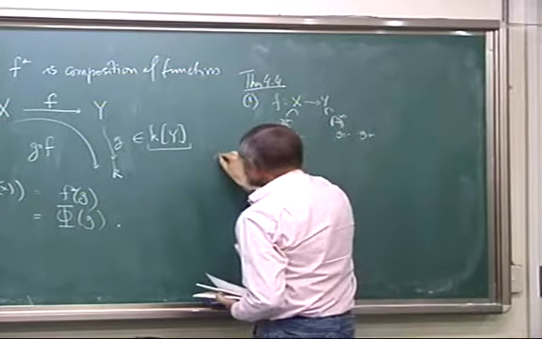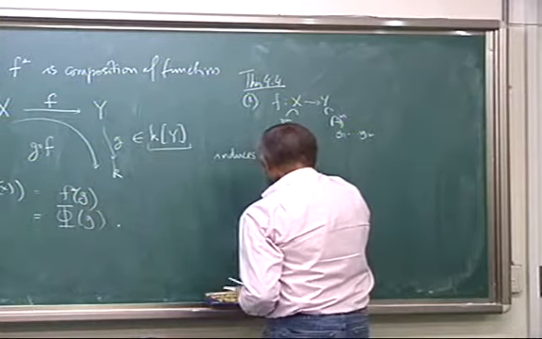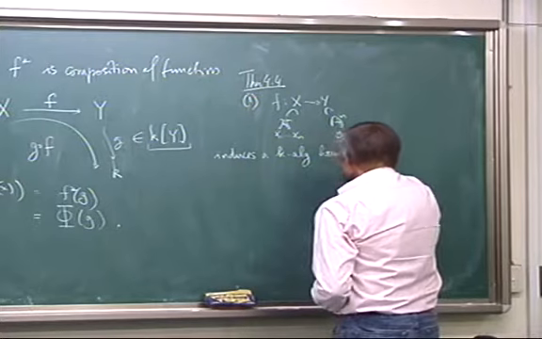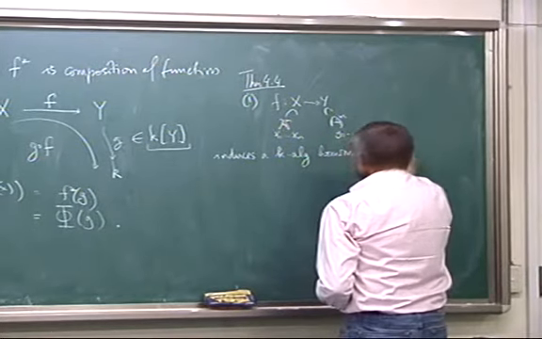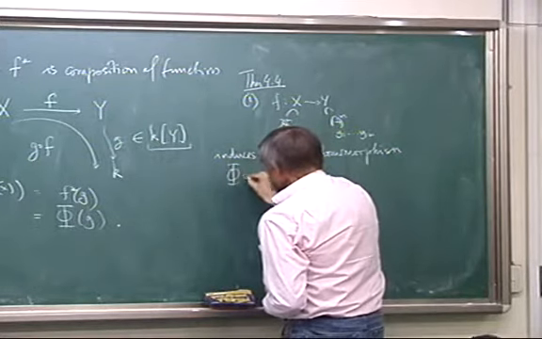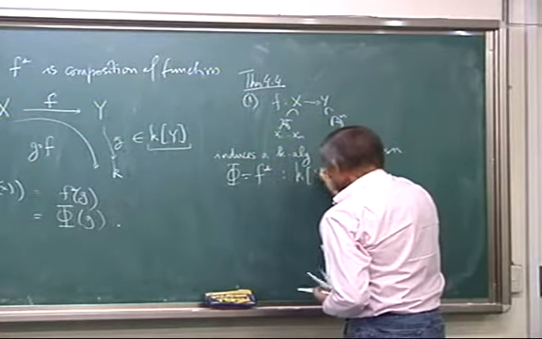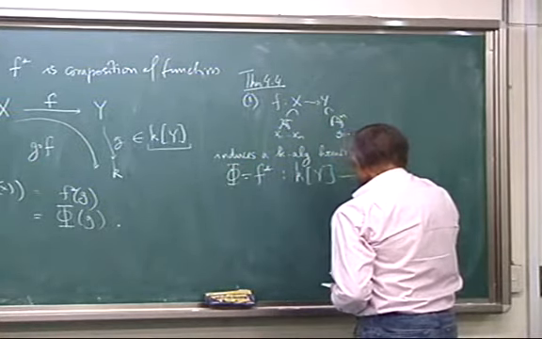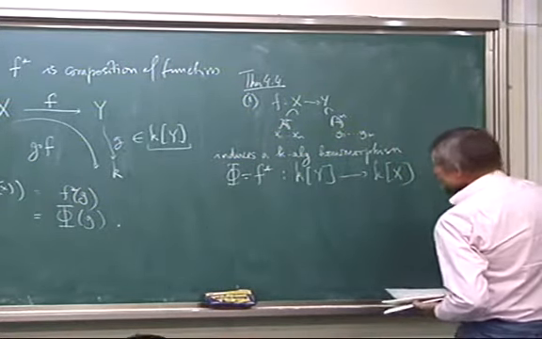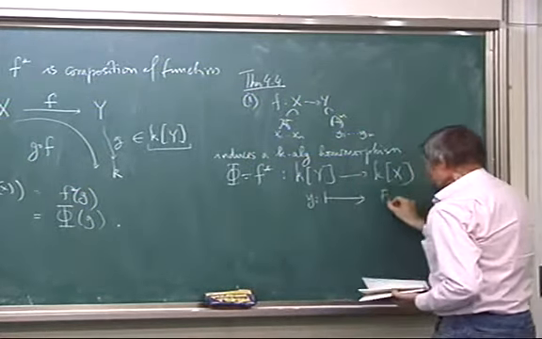This induces a K-algebra homomorphism from K of Y to K of X, called phi, or F upper star. It's going, as I said, from K of Y to K of X, and it's given by Yi maps to Fi.